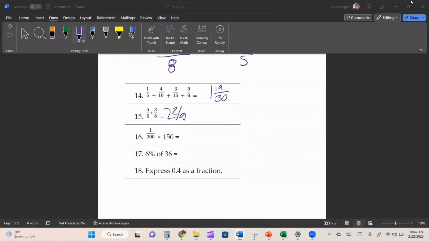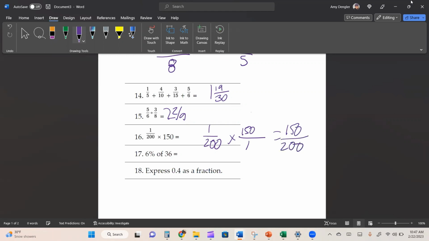So for number 16, we have 1/200 times 150. So what we need to do is just rewrite this 150/1. And then we can just multiply across. 150 times 1 is 150, and 200 times 1 is 200. We need to bring these down to lowest terms.